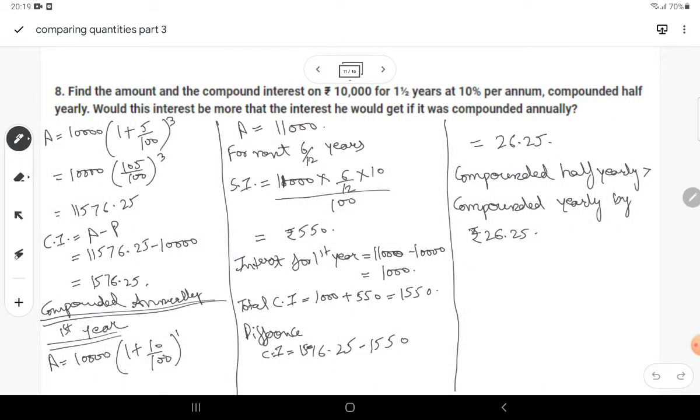Moving on to next question, it says find the amount and the compound interest on rupees 10,000 for 1.5 years at 10% per annum compounded half yearly. Would this interest be more than the interest he would get if it was compounded annually? So comparison is to be made.